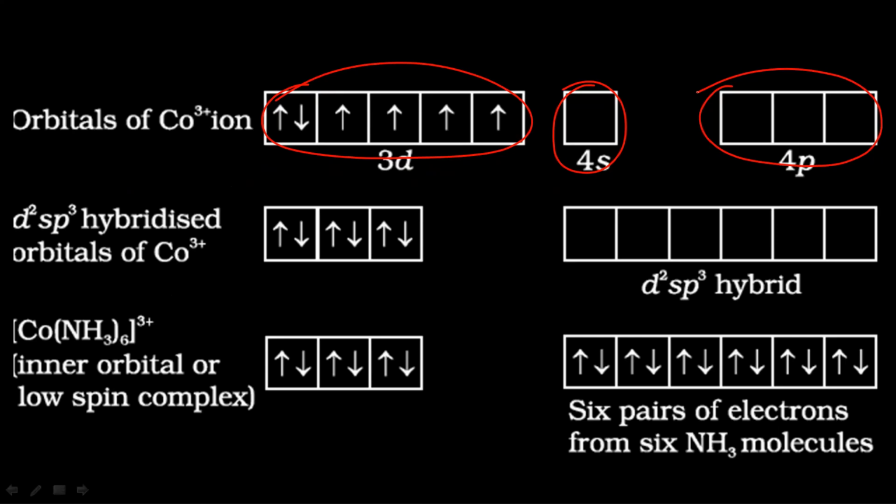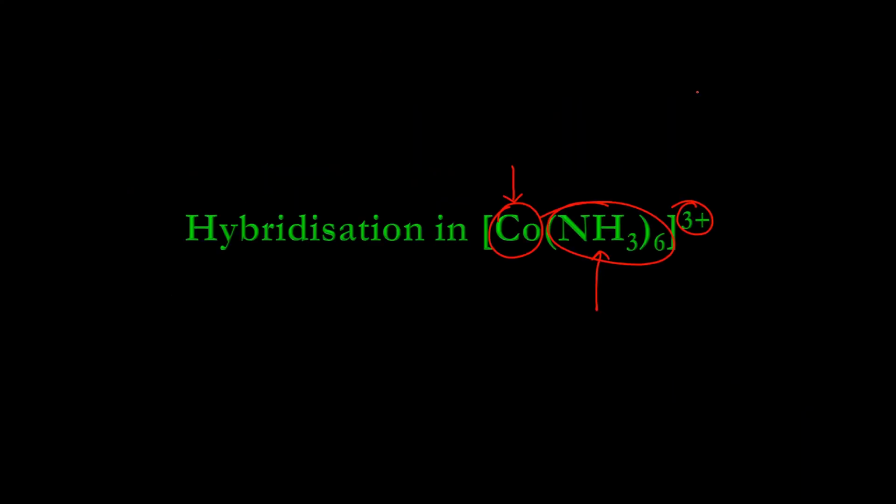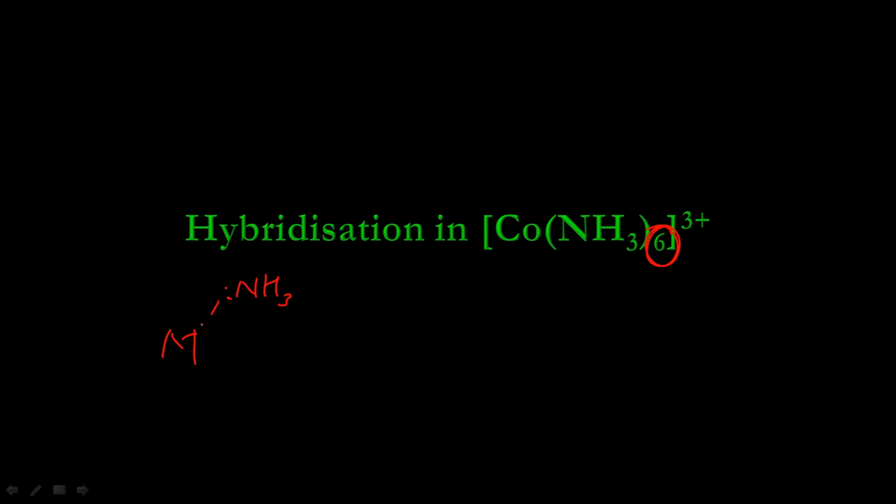So what happens? First, we look at how many ligands there are. To decide what happened, we see how many ligands are there. There were 6 ligands. In coordination compounds, I told you these are called coordination compounds because there are coordinate bonds, and I showed you that all the ligands give 2 electrons to the central metal.